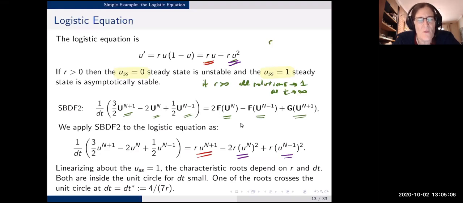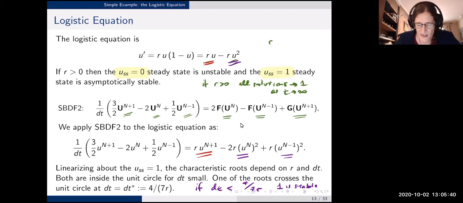Now you say, well, for the continuous problem, 1 is asymptotically stable, so for the discrete problem, is 1 asymptotically stable? You linearize this system about 1, and you find that if dt is less than 4 over 7r, then 1 is stable.